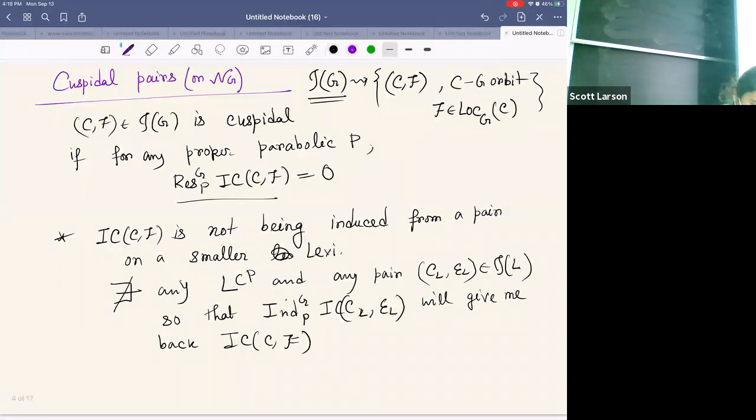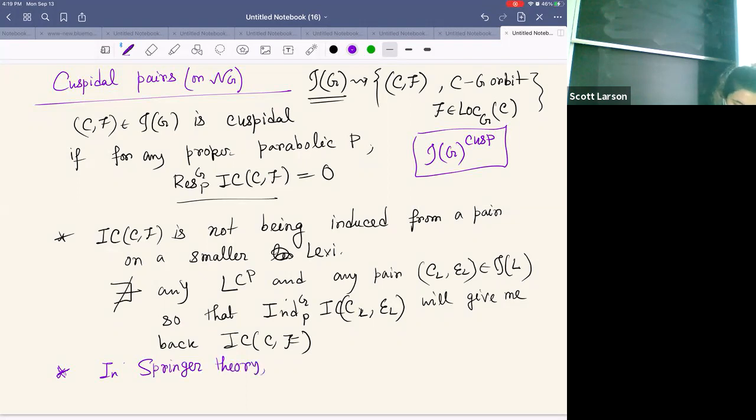I will probably sometimes use this notation for the collection of cuspidal pairs on G. So in Springer theory, what we do is study how to get ICs from induced cuspidals.